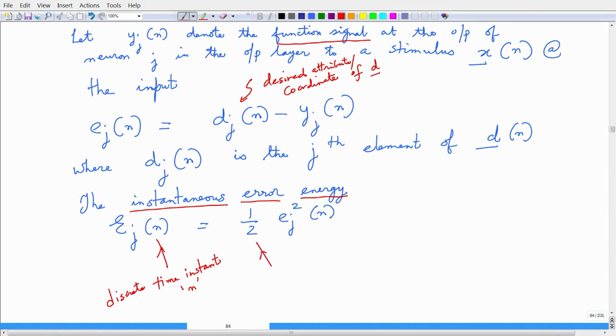When you take the derivative of this instantaneous energy, you just get the error directly, right. So, when you take the derivative of the square, the 2 will appear out and the half and 2 will cancel. That is the reason why we want to introduce this half. This is a sort of normalization.